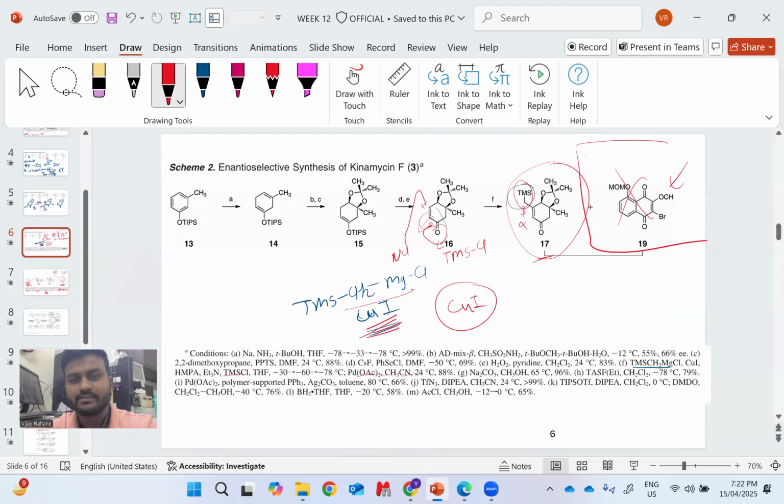So the 1,4 addition takes place. So the addition at the beta position takes place here. So these are some beautiful synthetic steps involved in this synthesis that you can refer.